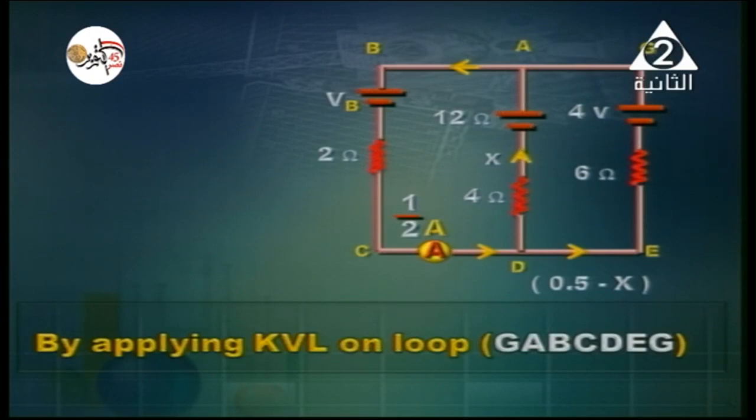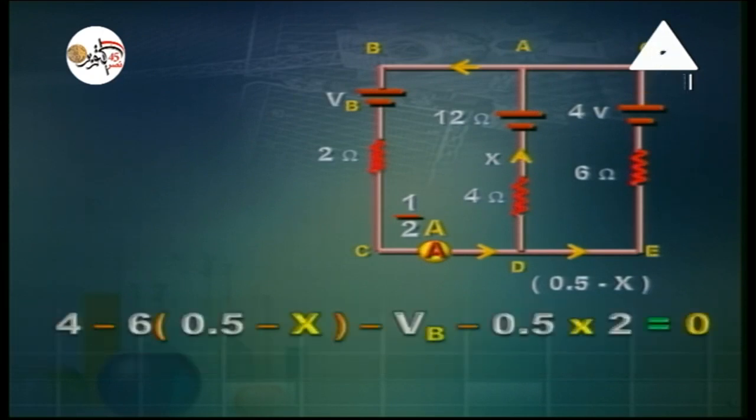When we apply Kirchhoff voltage law on loop G, A, B, C, D, E, G, we'll obtain the following. 4 minus 6, between 2 brackets, 0.5 minus x, minus V battery minus 0.5 times 2, all is equal to 0.